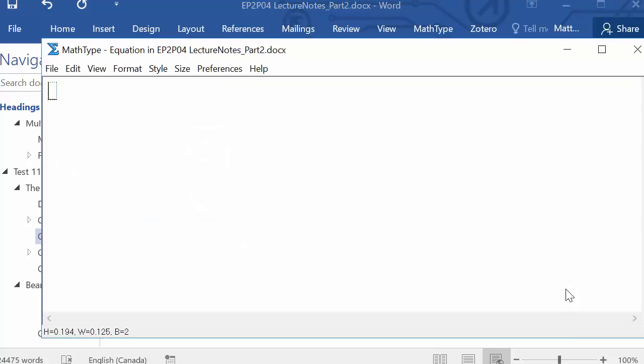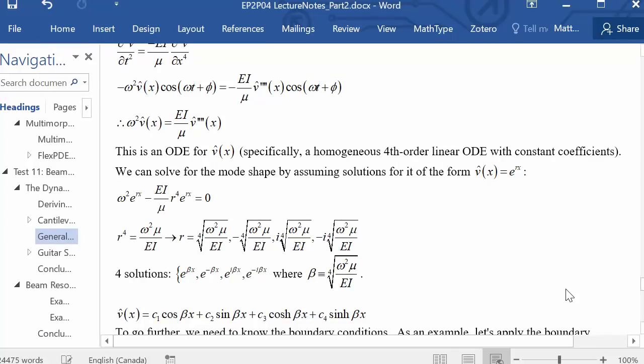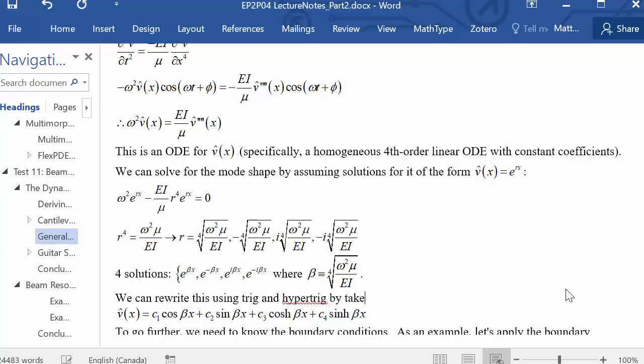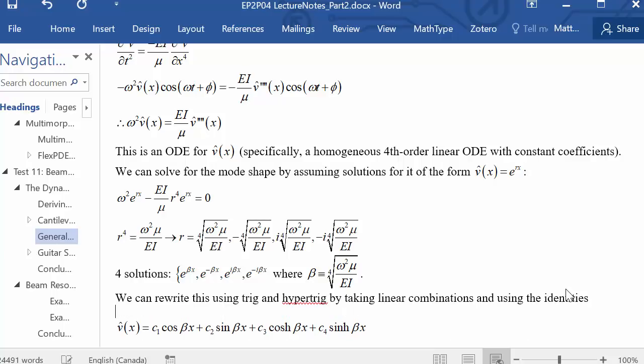So if you say, we can rewrite this using trig and hyperbolic trig by taking linear combinations and using the identities.